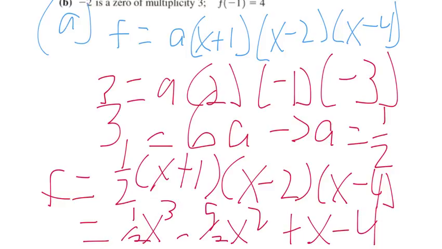We got this last function here by FOILing these three together. If you were to FOIL these three together, then multiply the 1/2 in, this is what you'd get.